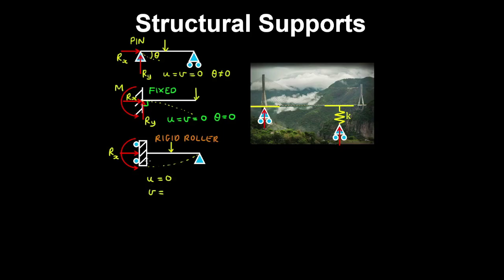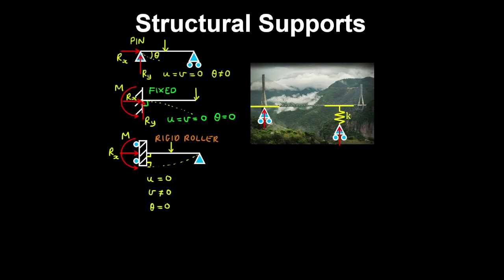So therefore the beam can translate at this support vertically. And because this support produces a moment reaction, then there's no rotation permitted at the support. So in other words, before and after deformation, the beam remains at right angles at this point to the support.